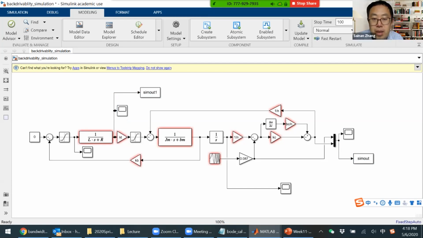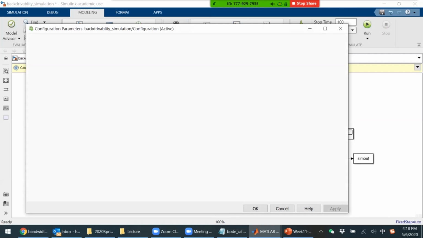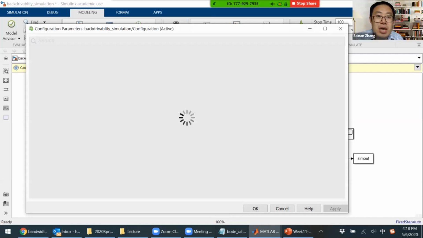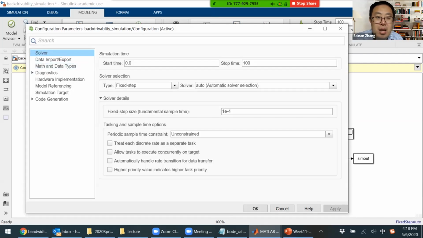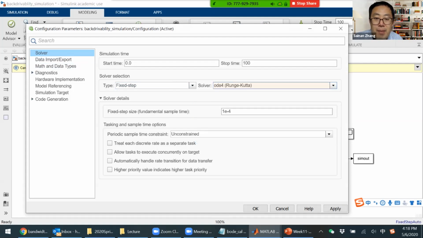And if I can add more, in the Simulink configuration you can change how it does the numerical calculation, which you don't really need to check. For example, you can select a fixed step or a variable step. In this case, you can select ODE4, the Runge-Kutta method, and then select the fixed step.